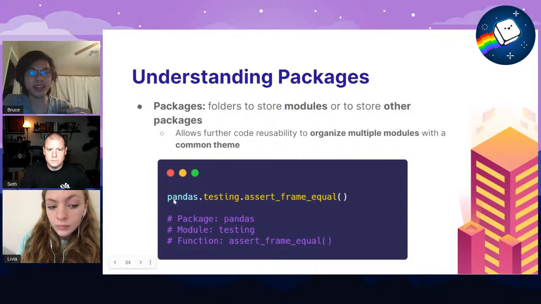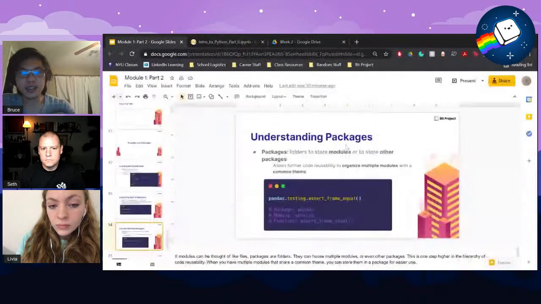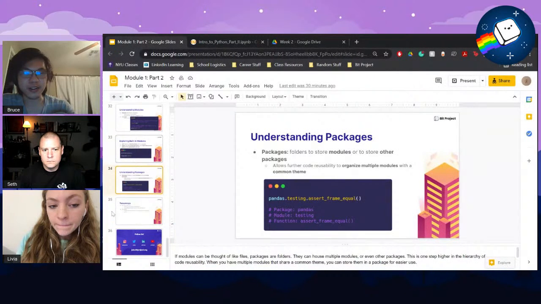Within pandas, there's the module called testing. And then within the module testing, there is the function assert frame equal. This is just a way to keep organized, right? Testing is a module that is within pandas, and the function is a function within the module. Does this make sense so far?